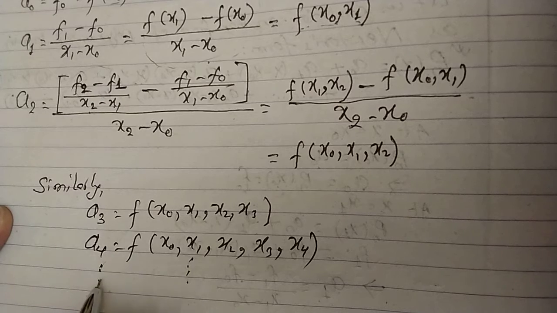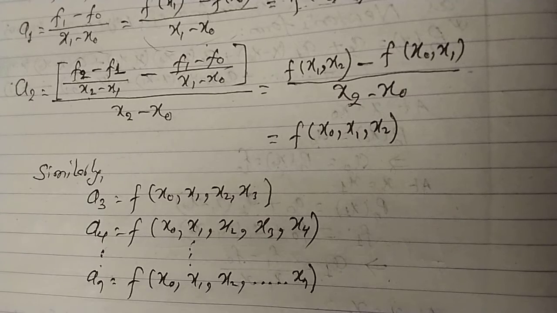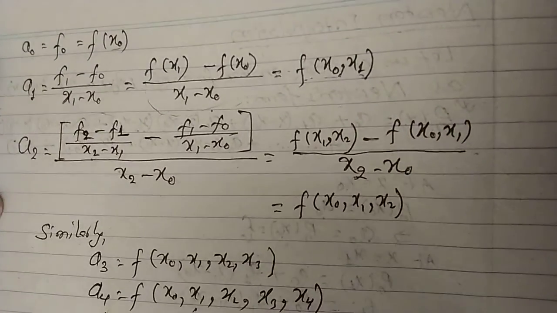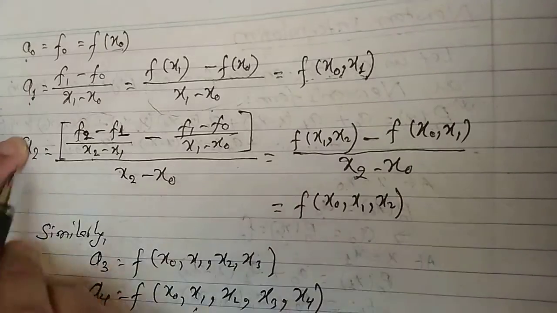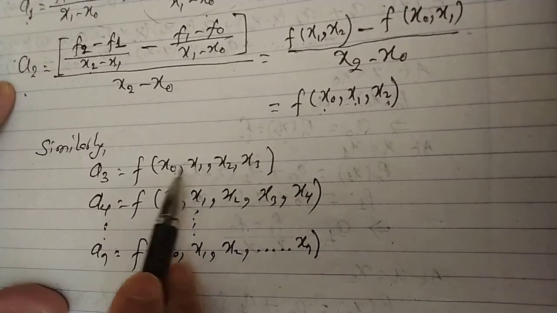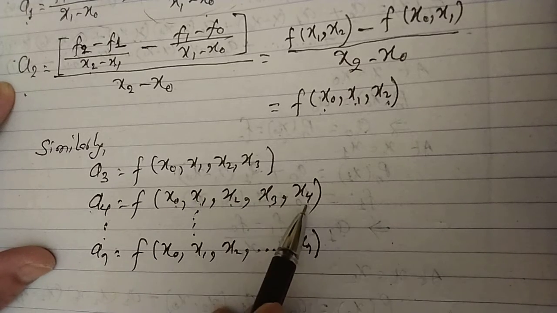So if we write an, then an is a function of x0 comma x1 comma x2 comma and so on up to xn. So हामी के भन्छौं भनेर भन्दाखेरि a0 is function of x0, a1 is a function of x0 x1, a2 is a function of x0 x1 and x2 हो. a3 is a function of x0 x1 x2 and x3, a4 is a function of x0 x1 x2 x3 x4 and so on.